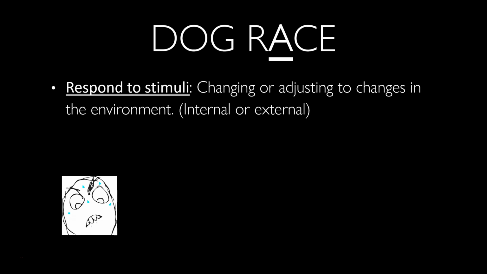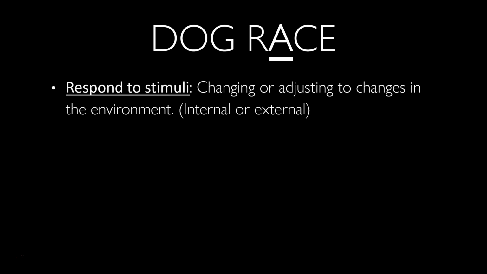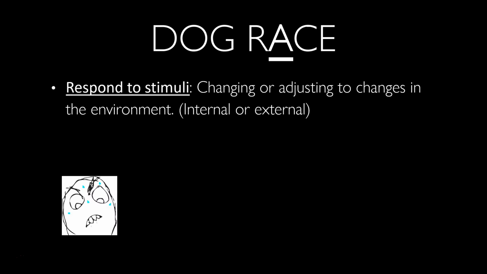Another characteristic, so this is adapt and respond. Adaptations take place over the long term. Responding is very, very quick, okay? So let me give you an example. Let's say the temperature gets super hot. That's a stimulus. How is your body going to respond to that?